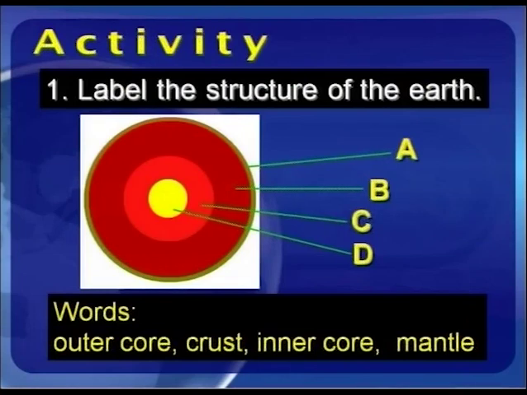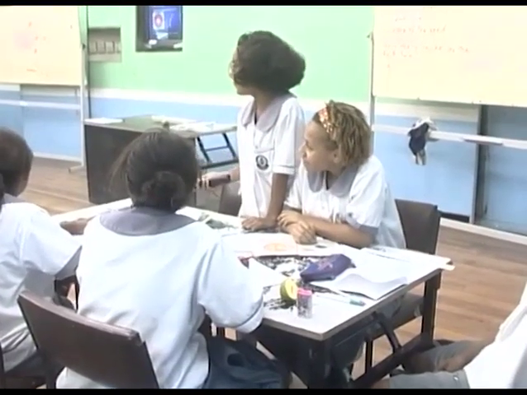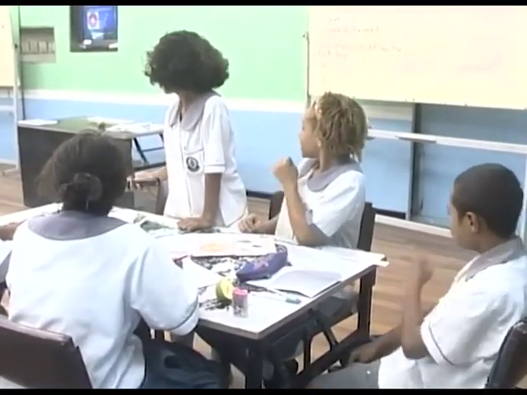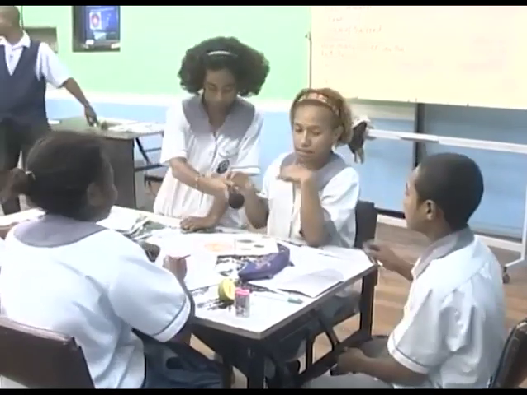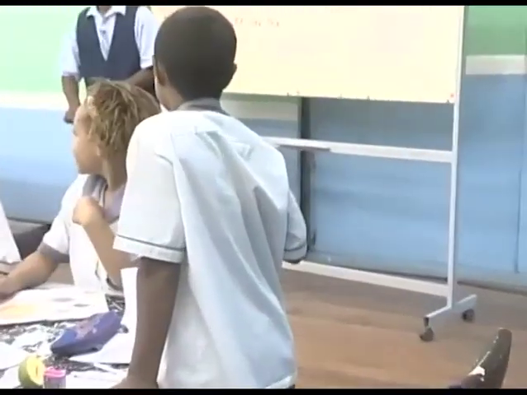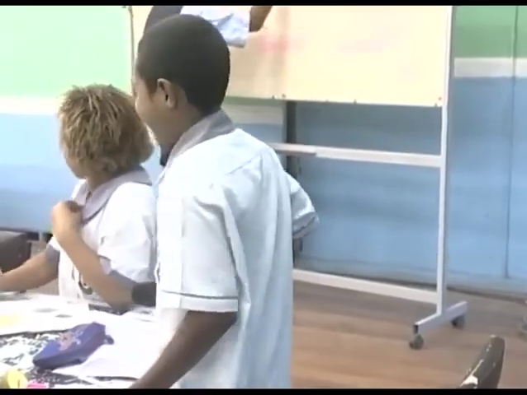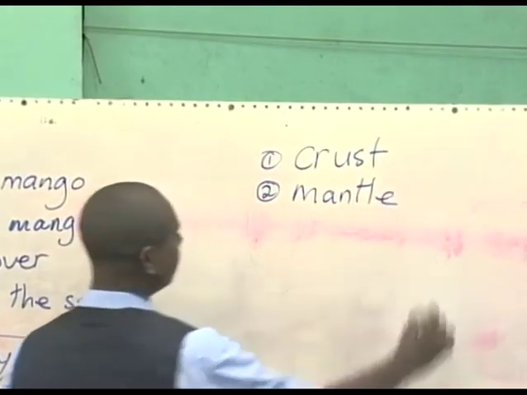Our time is up. Okay, who can give me the first layer? What is the first layer called? The first layer is called the crust. Robert, what is the second layer? Mantle.